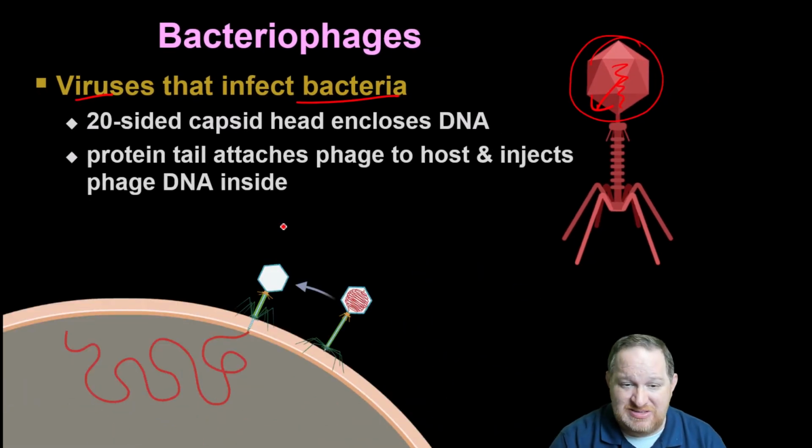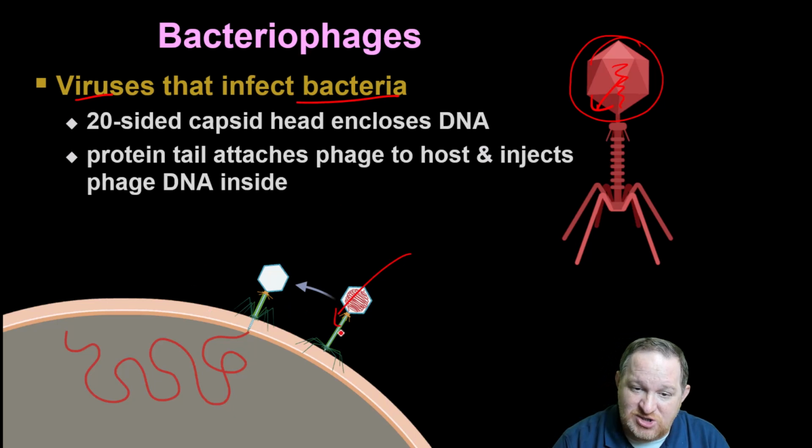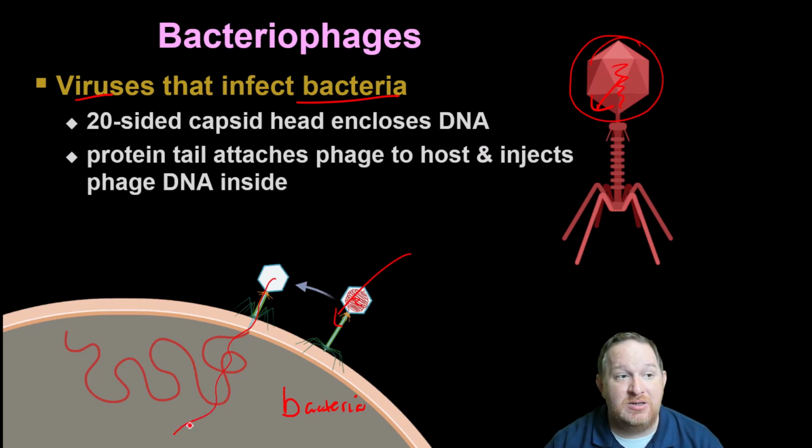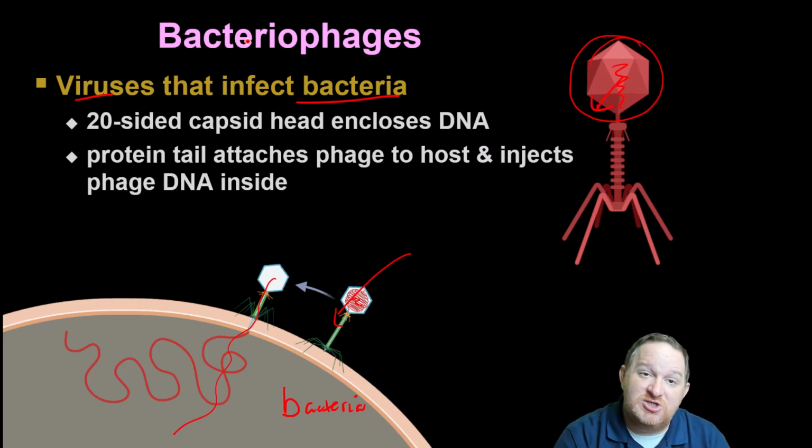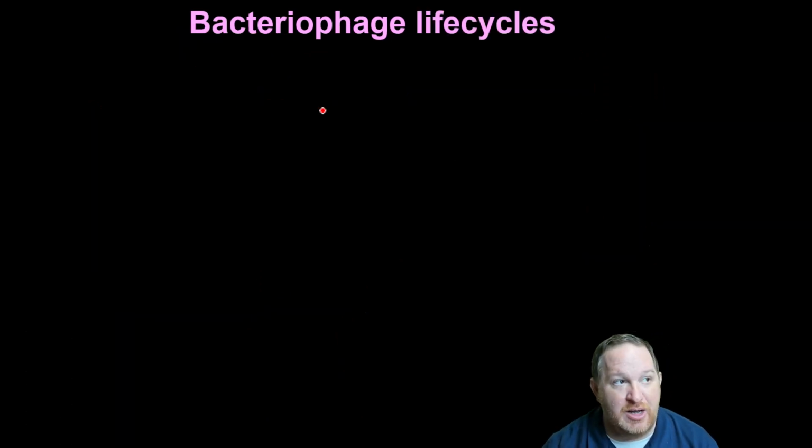So what happens is, you can see the bacteriophage lands on your bacteria, lands here. Notice that all this genetic material, DNA, is injected into that bacteria. Then the bacteria thinks it's its own DNA and will make more bacteriophages. Okay? So bacteriophages are a particular type of virus that infect bacteria.